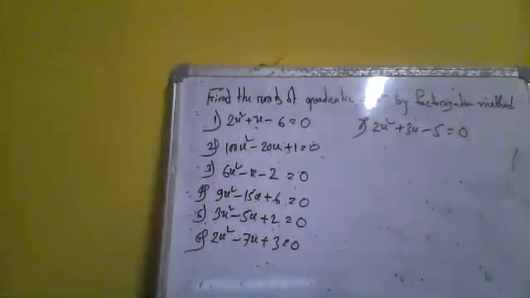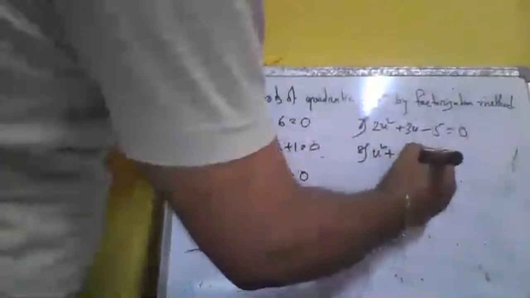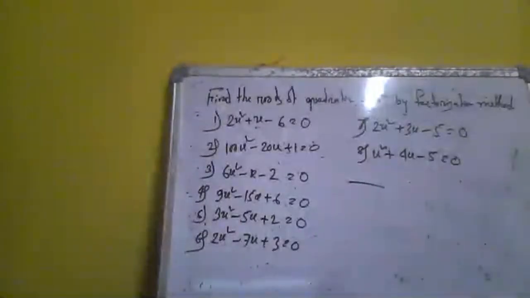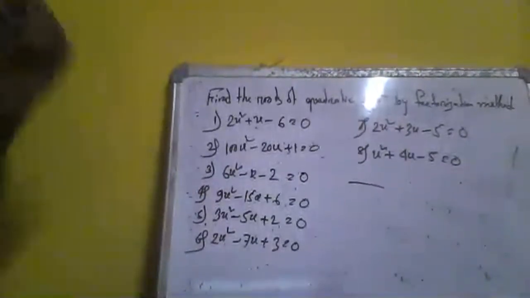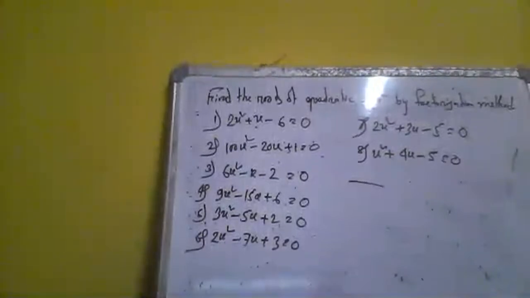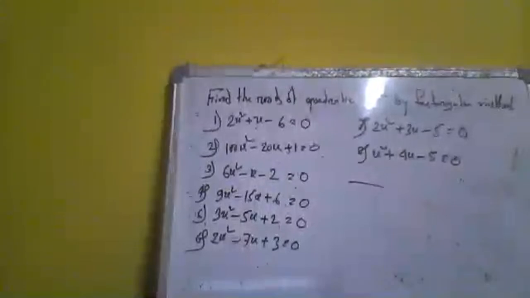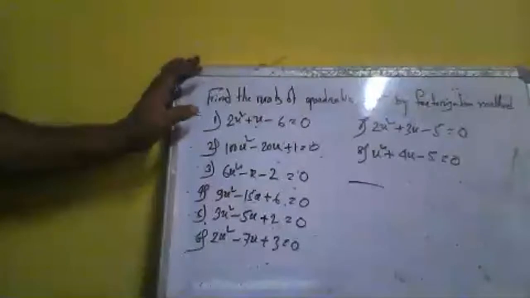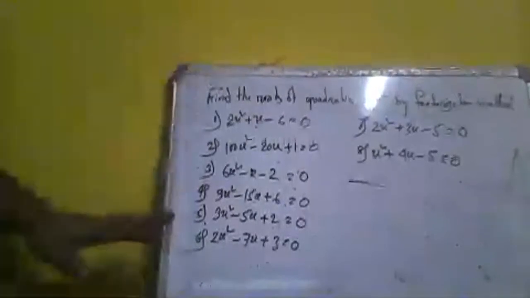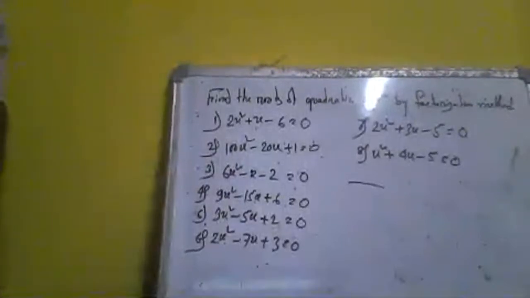Then number 8: x square plus 4x minus 5 equal to 0. Each sum you will do. And you must upload these 8 sums tomorrow before 9 o'clock, along with what I did, this one, and then these 8 homeworks. Understood?